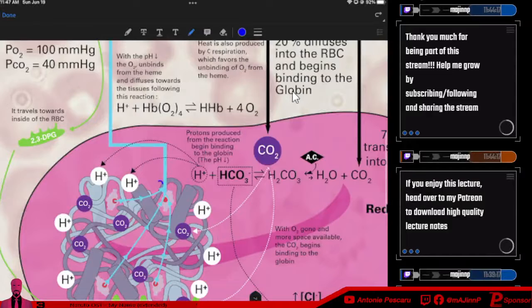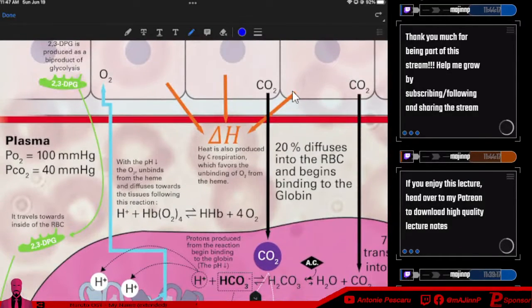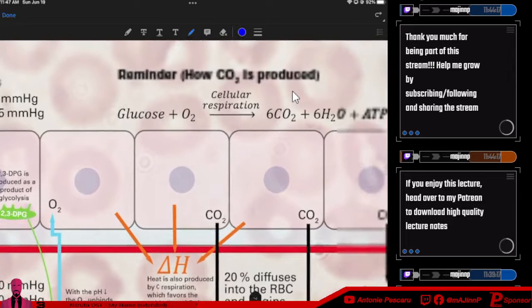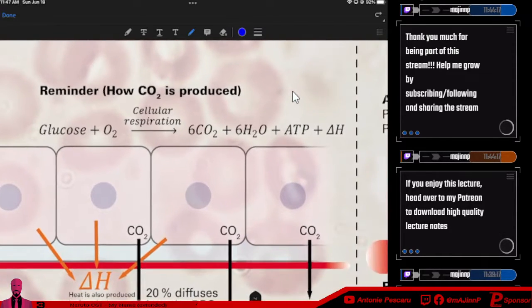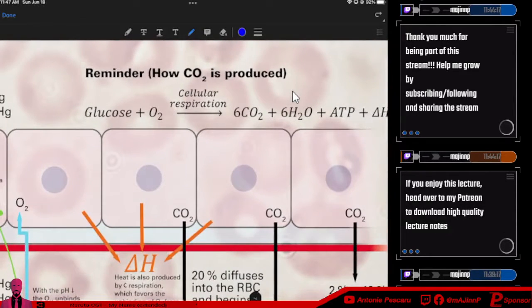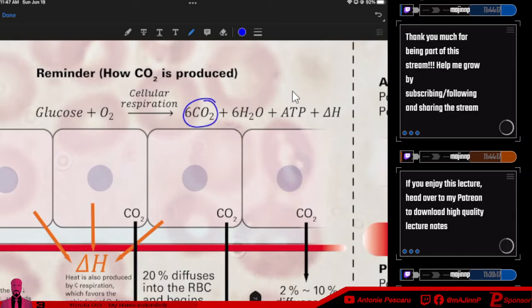So it starts preparing to leave. And the way it does that is that this high affinity begins with cellular respiration. Now, cellular respiration is going to start converting glucose and oxygen that it intakes all the way into 6 CO2, 6 water, ATP, as well as heat.